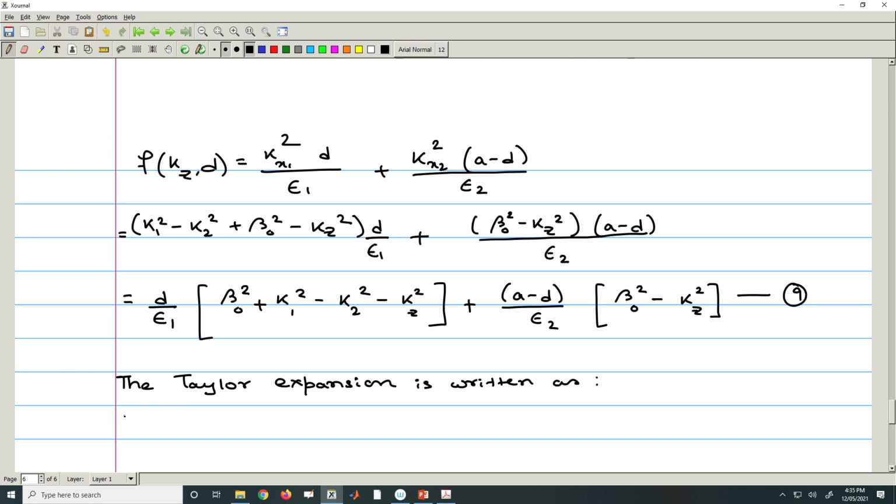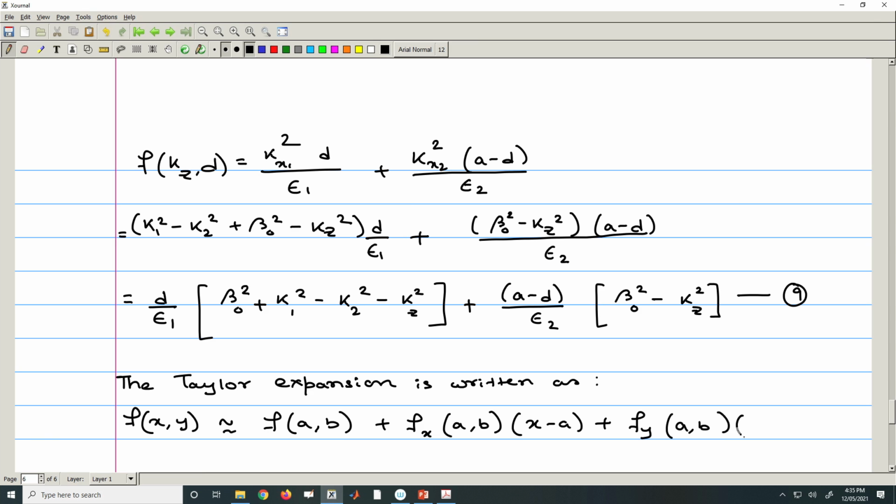It can be written as f(x, y) is approximated as f(a, b) plus f_x(a, b)(x minus a) plus f_y(a, b)(y minus b). Here we have neglected the second order and all the higher terms.